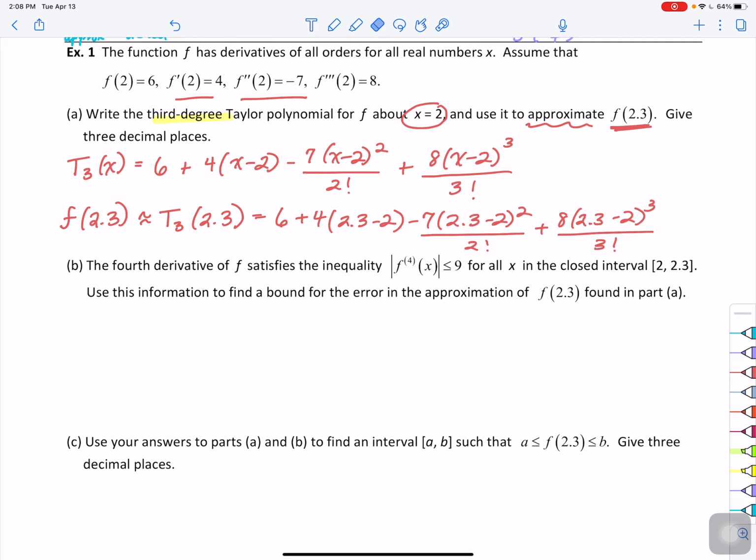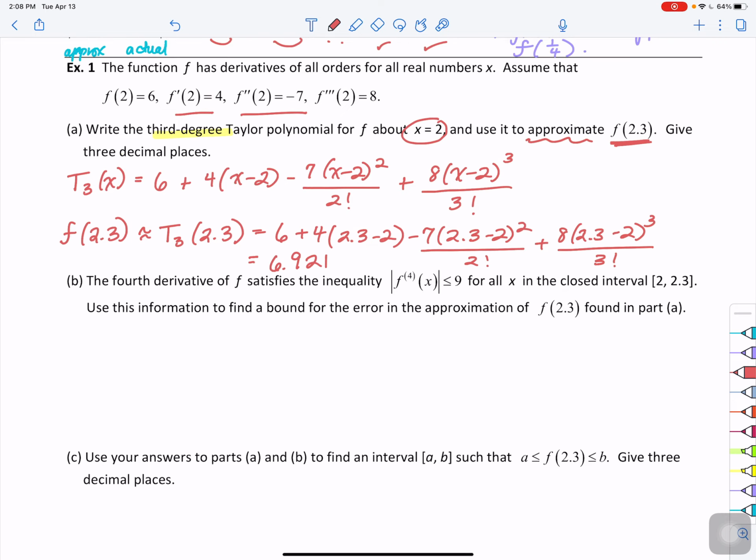And I got that to be equal to 6.921. Okay? So we just approximated, and we don't even know what f is. Look at this. F of x equals question mark. We don't know what it is, okay?